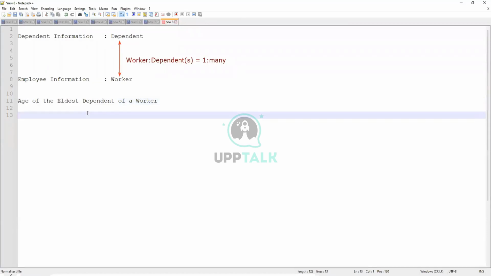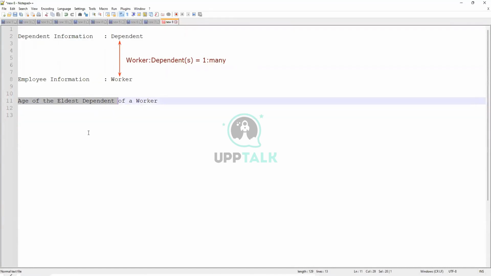First we have to find out who is the eldest dependent. Then we find out what is the age of that eldest dependent. Right. We break it down into smaller pieces. Now eldest dependent. One worker may have many dependents.